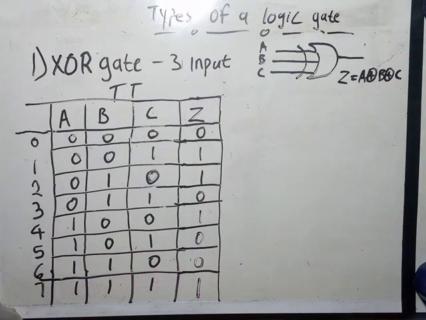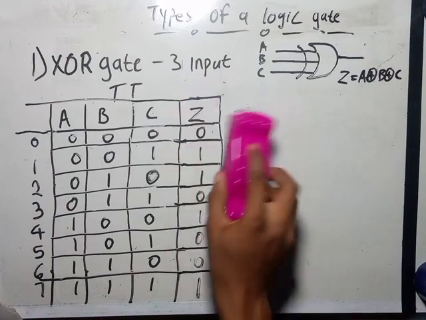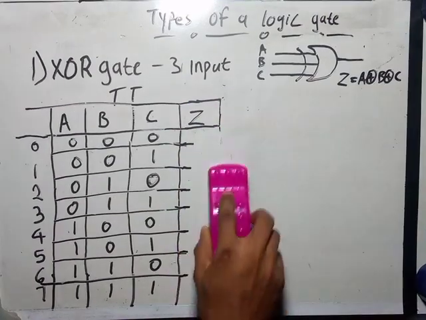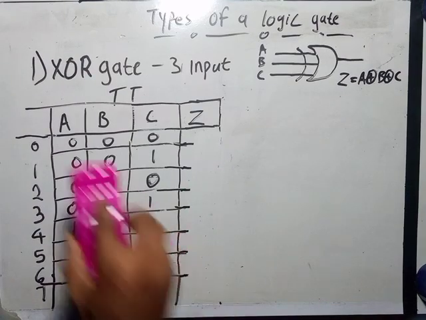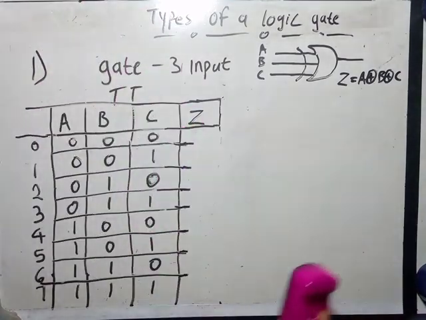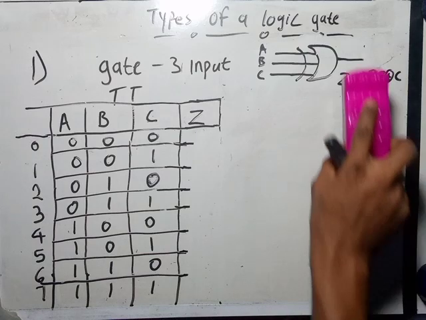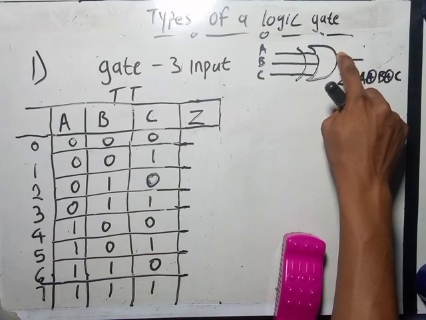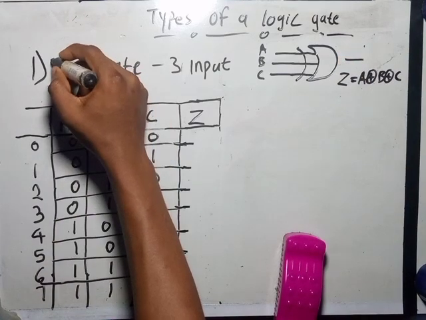Now for us to get our XNOR. Okay, sorry. Let's clean this. Now for our XNOR, the diagram remains the same, only just that at the tip of your XOR. Okay, let's start with the name.